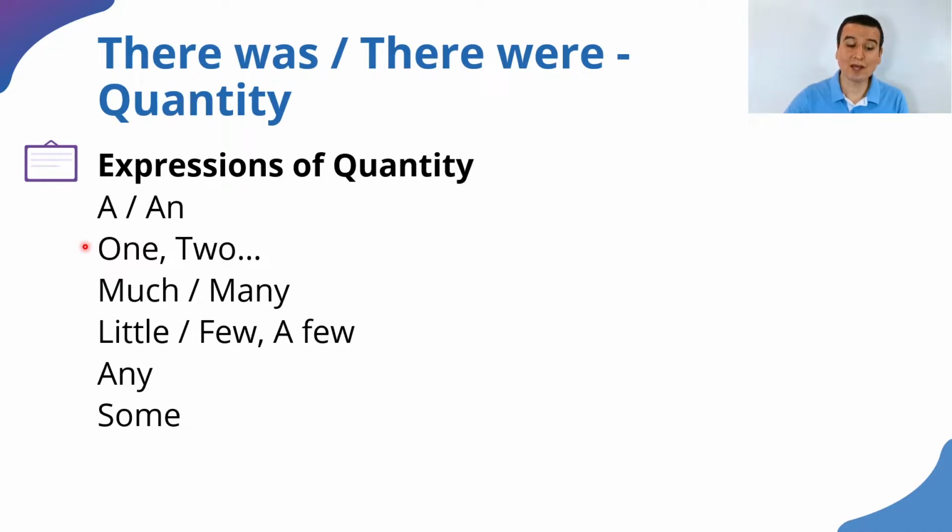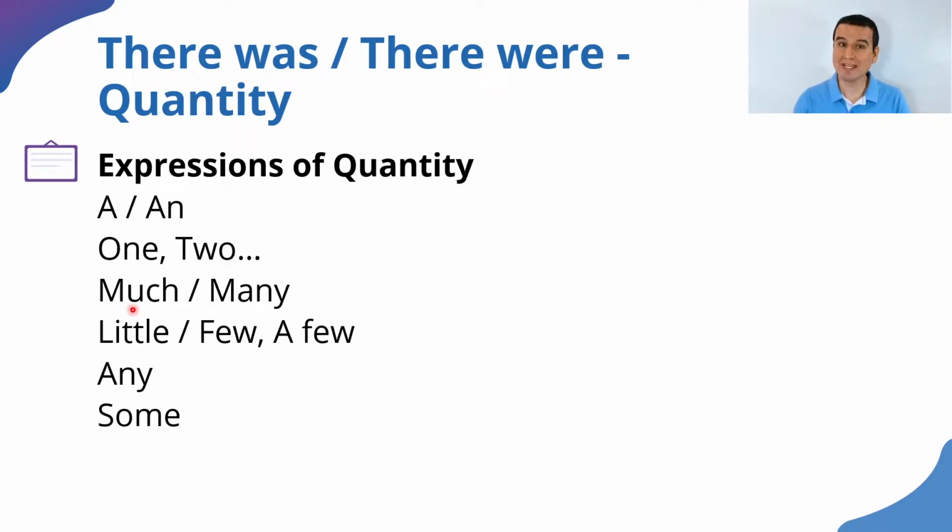And we also have some other expressions, some words that can help us express quantity, not necessarily saying specifically how many or using numbers. So sometimes we may use much. Much we use for singular things, for non-count things, for uncountable nouns, like when we say much sugar, much milk.